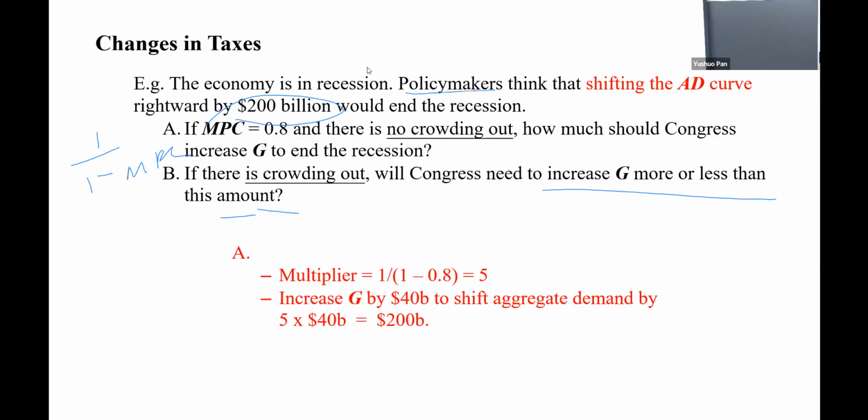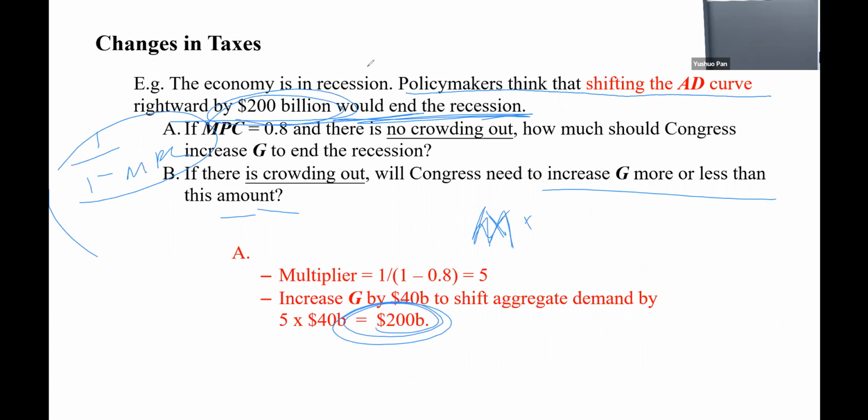Okay, if the policymaker thinks that shifting the AD curve right by this amount would end the recession, which means that's the final effect, then divide by the multiplier. Sorry, I'm going to use another letter, M. M times the multiplier, use 0.8, substitute this MPC, and you calculate the multiplier is 5.